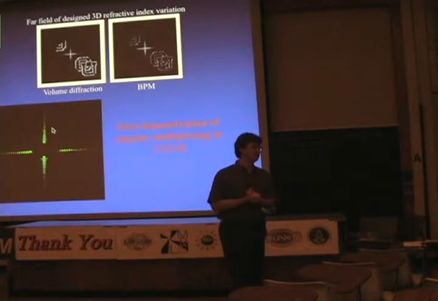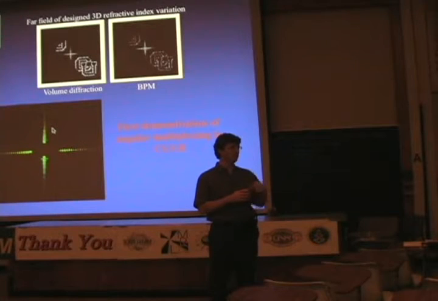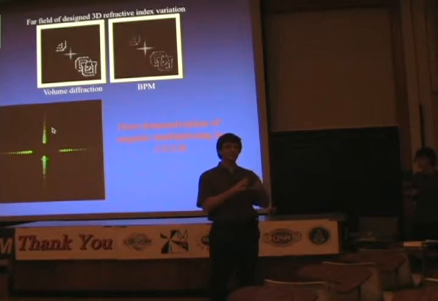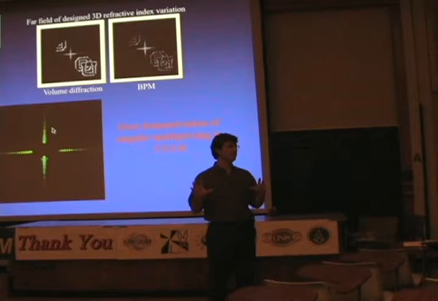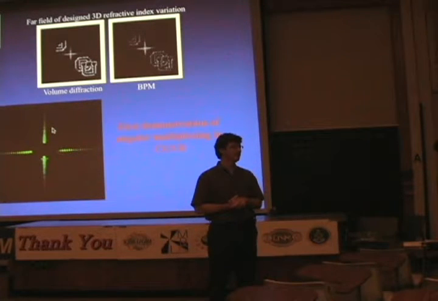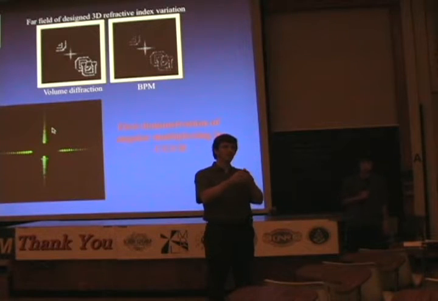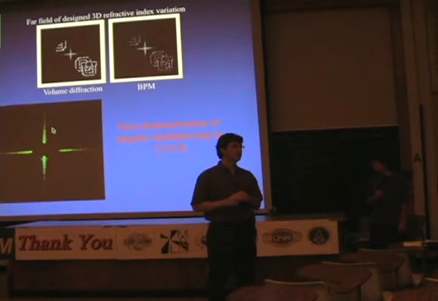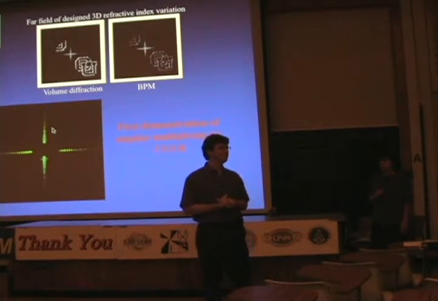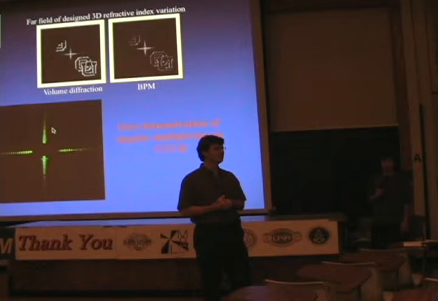So for those SLMs, we could calculate functions offline, but I believe that in the future we can do it in real time, like now with the optical tweezers. So then you could control different pattern arrays for different colors to control optical tweezers. That could be an application of that.